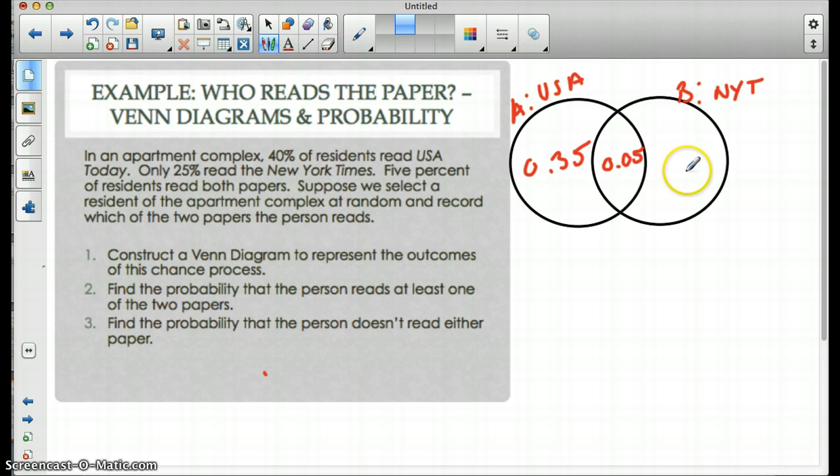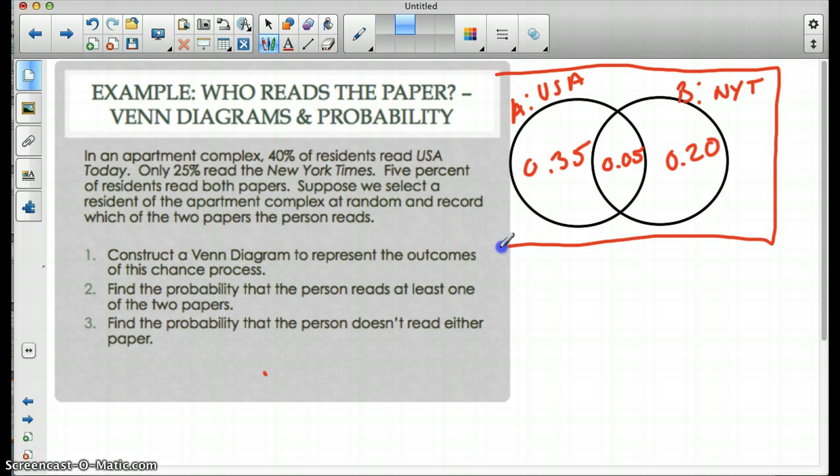Let's see, 25% read the New York Times. You already accounted for 5% who also read USA Today, and so 20% for New York Times only. Okay, and then of course we have people who read neither.